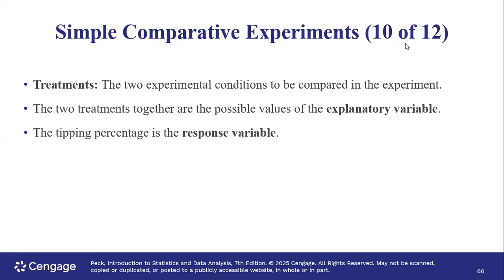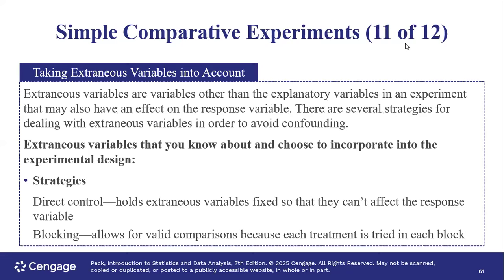Treatments to experimental conditions, such as we already talked about, two different temperatures in two different rooms, same sections of the same course, but at two different rooms, two different temperatures. So temperature is the treatment. Okay. The treatments together are plausible values of the explanatory variable, because remember, temperature, we are looking at the effect of temperature, which is the explanatory variable, on the response variable, which is test score, under two different conditions.